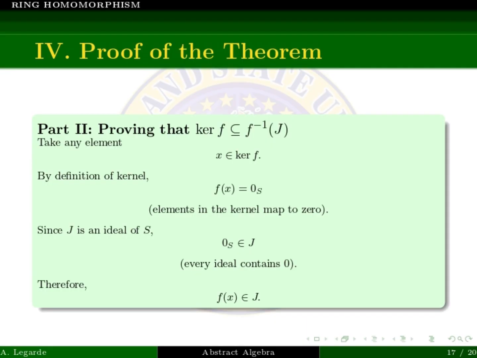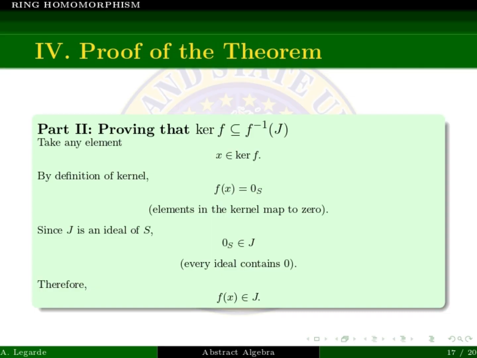We now prove the second part of the theorem. Take any element x belonging to the kernel of F. By definition of kernel, F(x) equals 0 in S. Since J is an ideal of S, it must contain the 0 element.